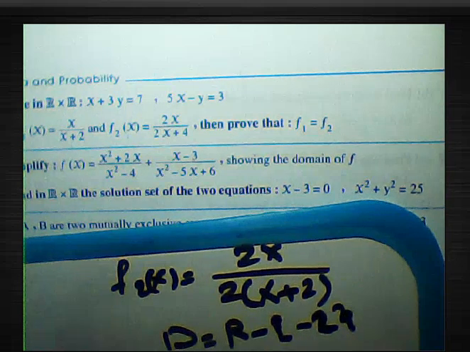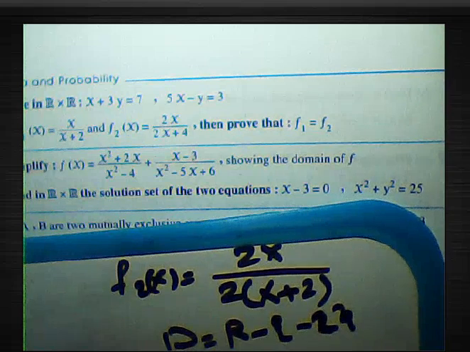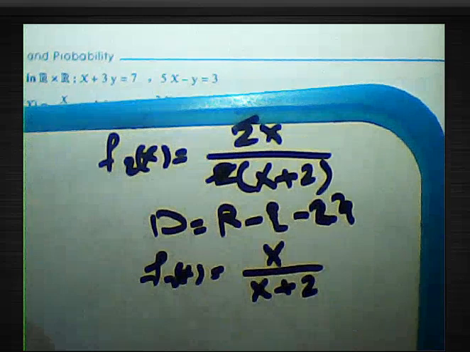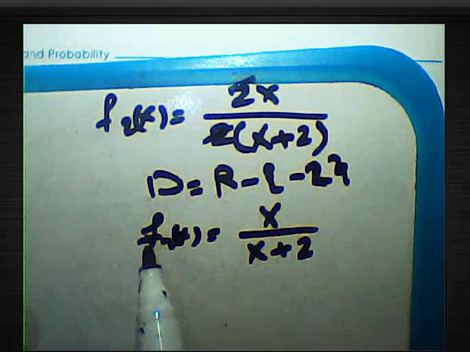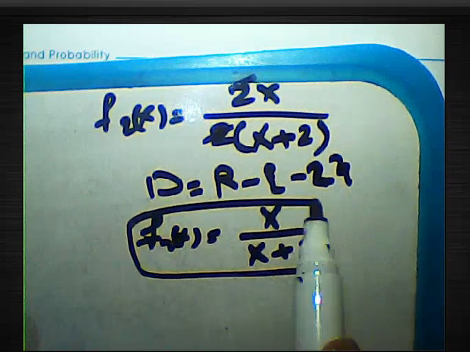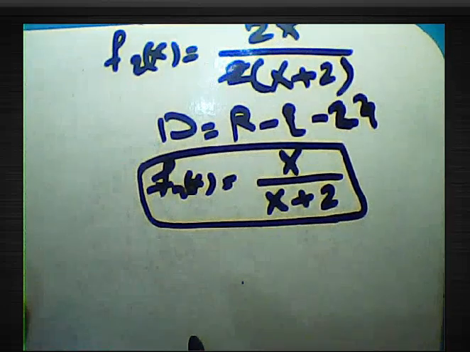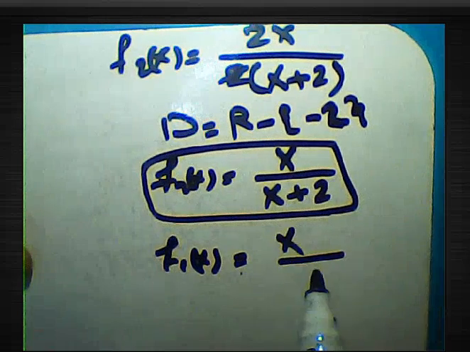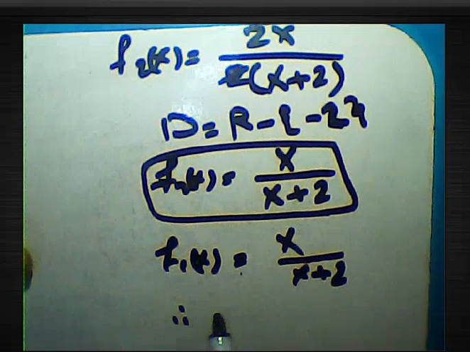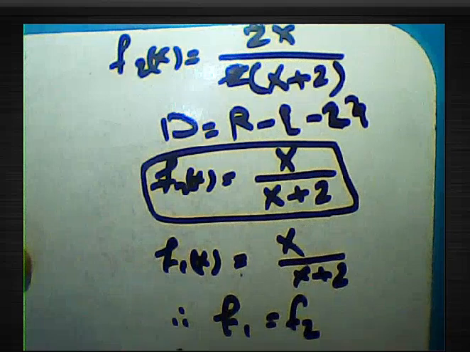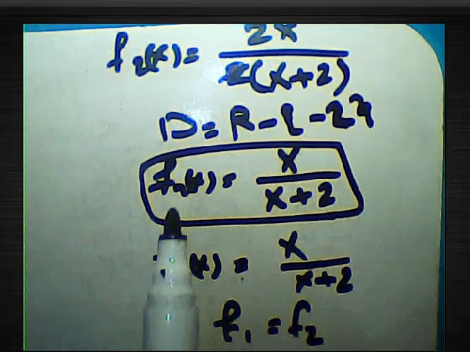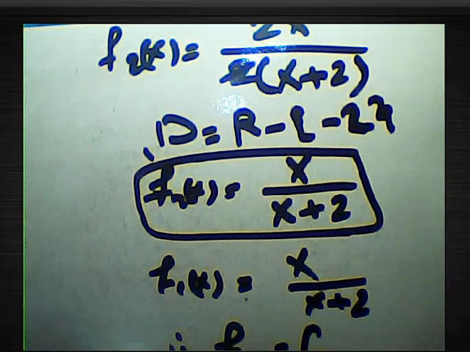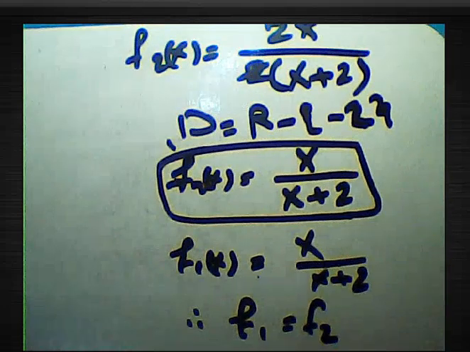Okay, and for f2 of x, we can cancel 2 by 2, the result will be x over x plus 2. Okay, this is the function x over x plus 2. And we know f1 of x equals x over x plus 2, then f1 equals f2 in this example, because domain 1 equals domain 2, and f1 of x equals f2 of x in the simplest form.